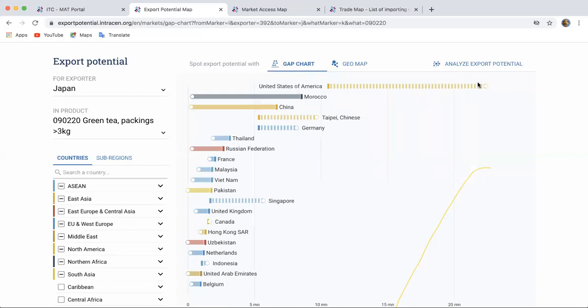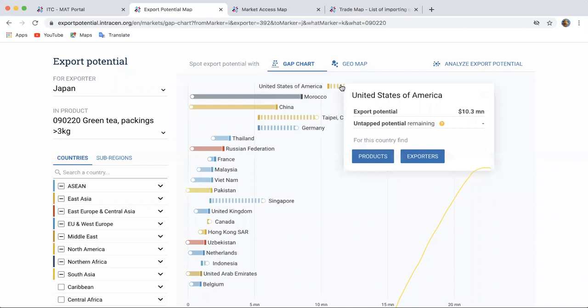And we can see the dotted line shows you that Japan already exceeded its projections of potential to the US. So this is a very positive thing, because there is very likely a very big preference for Japanese green tea in the United States of America, because it's doing so well that it is actually trespassing the projections of our calculations.